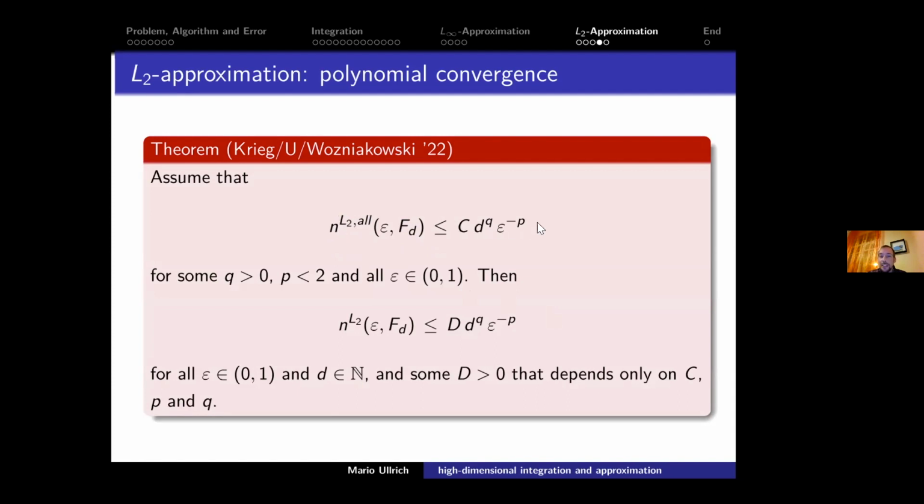Assuming you have this polynomially tractable setting with all information and all algorithms, you get a polynomial bound with p smaller than 2 here. So the dependence on epsilon is not allowed to be too drastic.